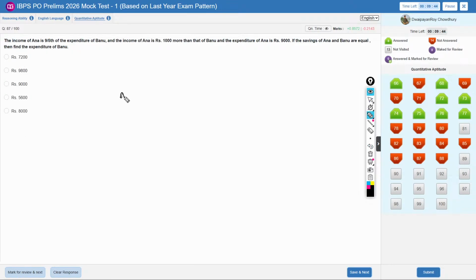Okay, Anna is 9/5 of Banu. And Banu is, okay. So Anna, Banu, income, expenditure, spending, savings. So expenditure of Banu, suppose 5, then Anna's income is 9, and the income of Anna is 1,000 more than that of Banu.